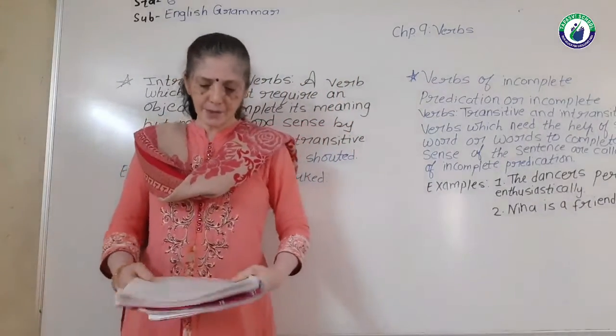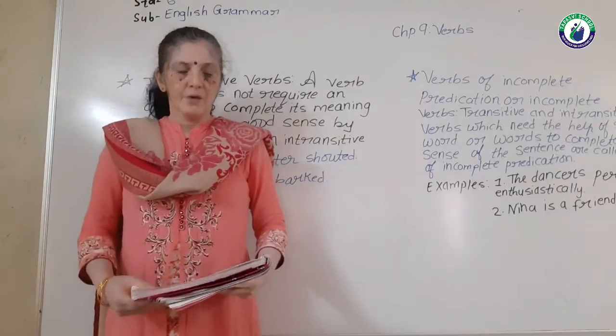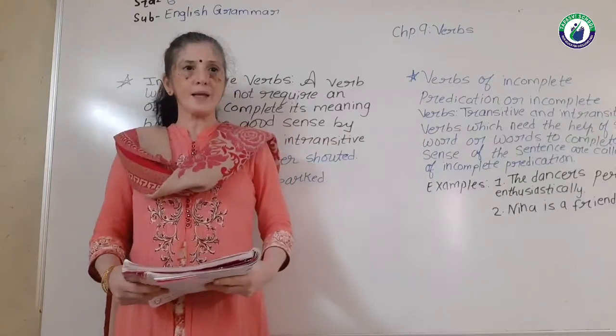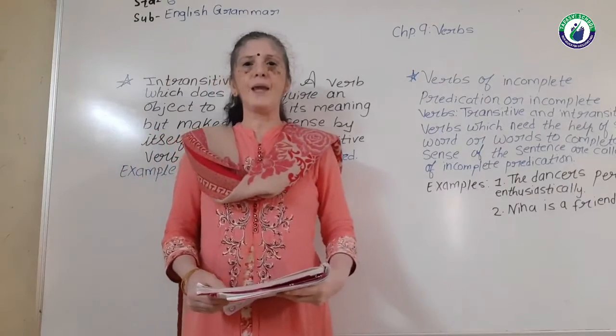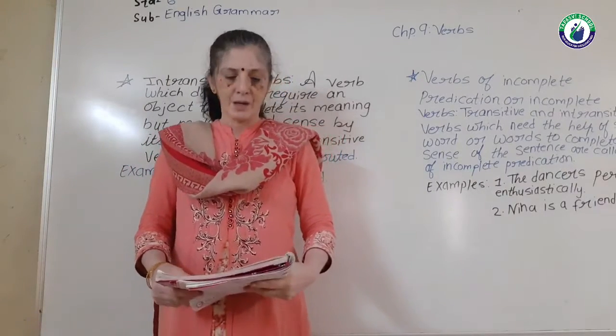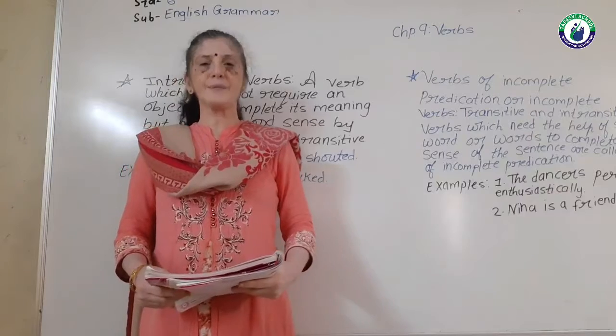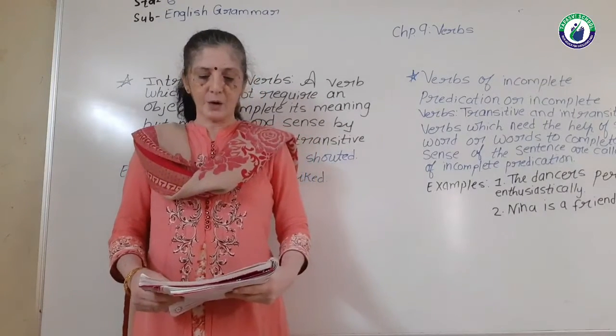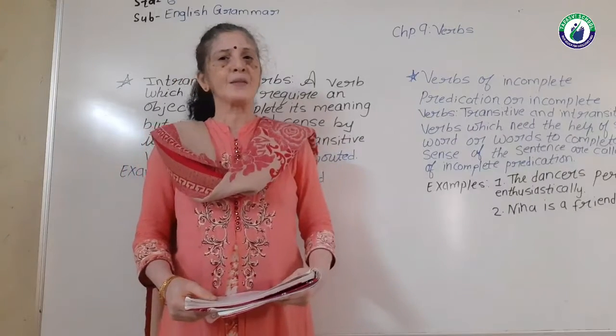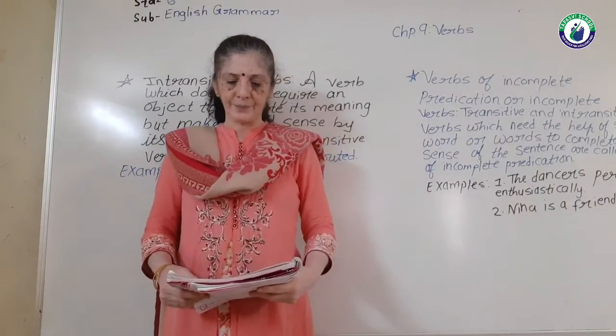Right? Now see it in your book. Read the sentences. The boy is honest. He is a good sportsman and the play was interesting. Here, the verbs is and was do not take an object, right? Here, honest and interesting do not take an object, right?